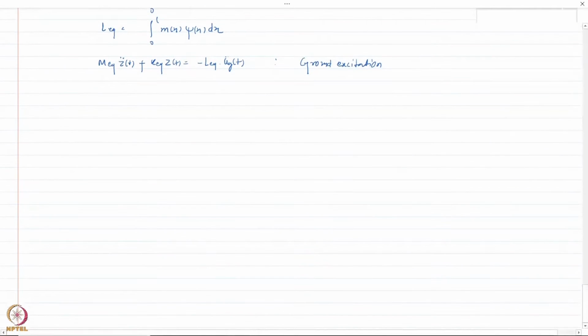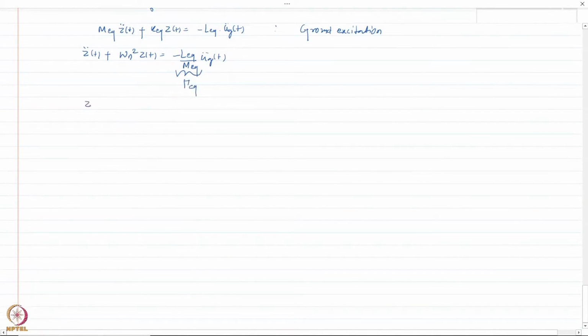Now I can divide the whole thing by M equivalent, and I can write this expression as z double dot(t) plus omega n squared z(t) equal to minus L equivalent over M equivalent times ug double dot(t). And this term I can write as another factor, gamma equivalent. So that my equation of motion, I can write as this.